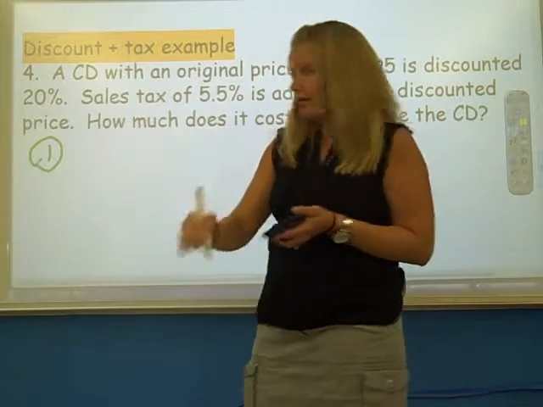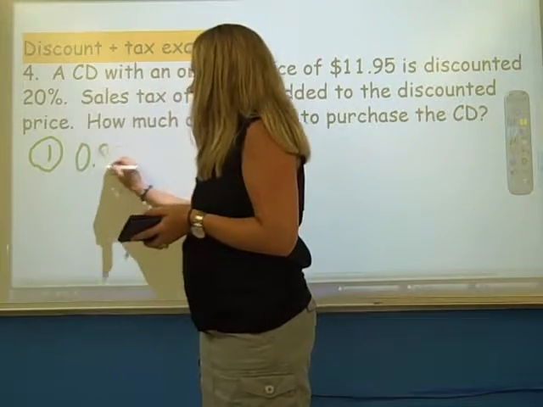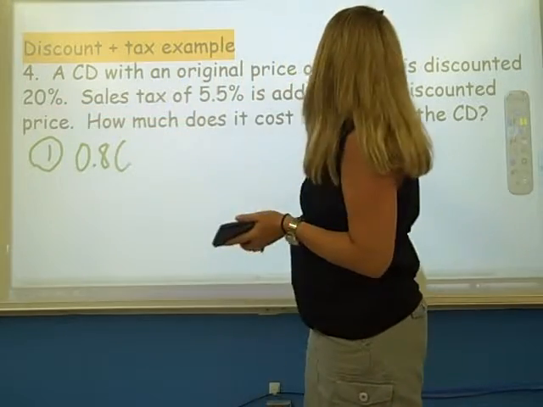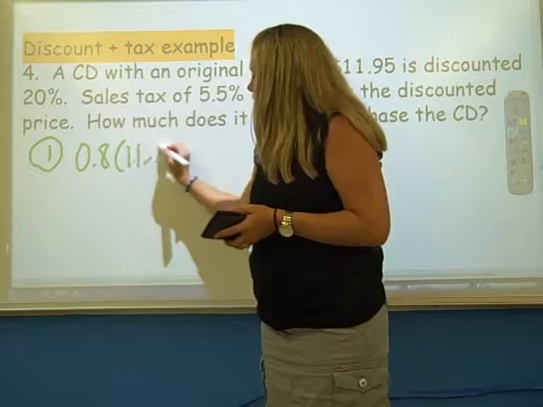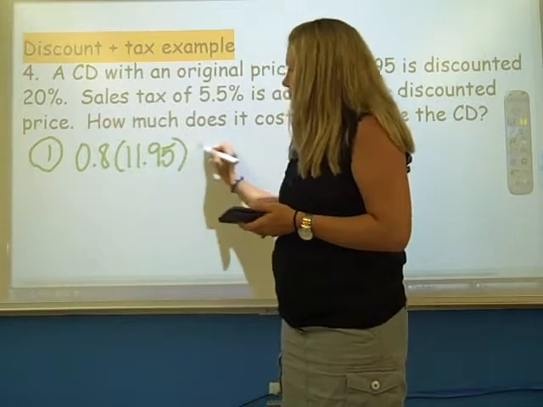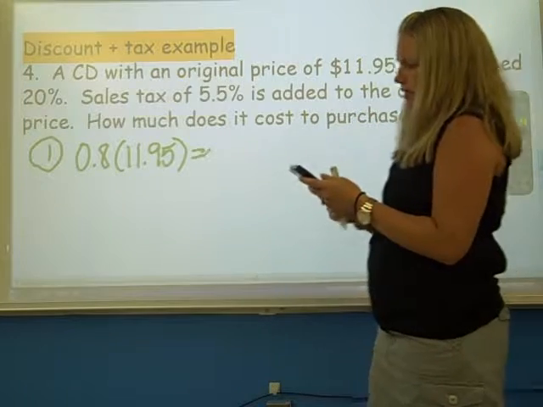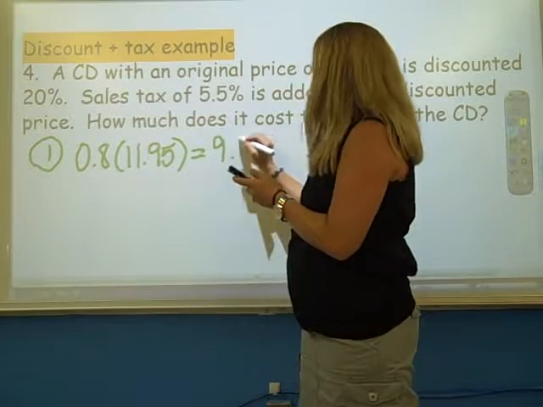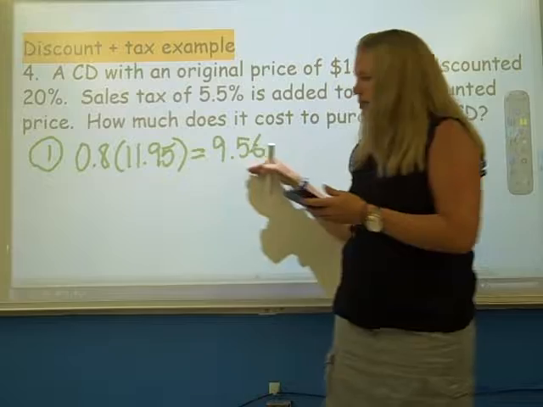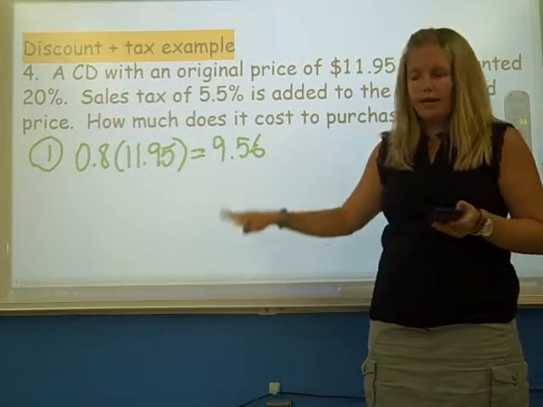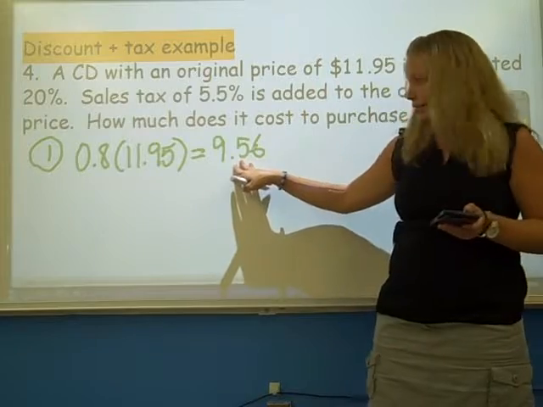So I'm going to jump right to that. 0.8, 80% is how much we're paying, because they're taking 20% off, of $11.95. 0.8 times 11.95 gives me $9.56. This is how much I have to pay for the CD. I did it in 1 step. If you want to do it in 2, you can. You should still get $9.56.